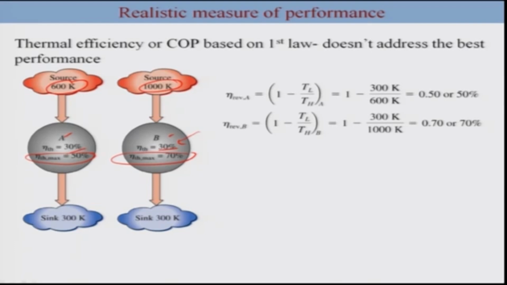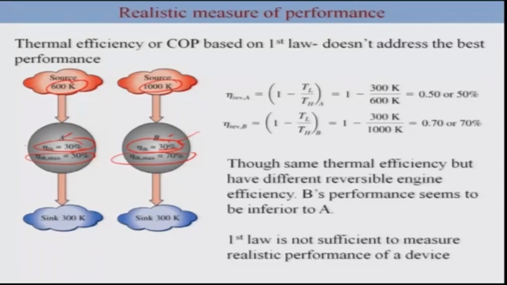We need to come up with a better way to represent the performance of the devices, because the thermal efficiency is certainly not giving us the indication of performance, considering that they both have the same value but a different corresponding maximum thermal efficiency.